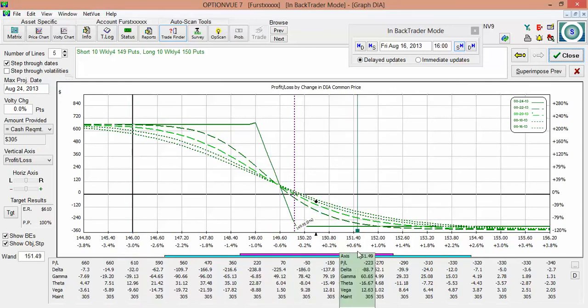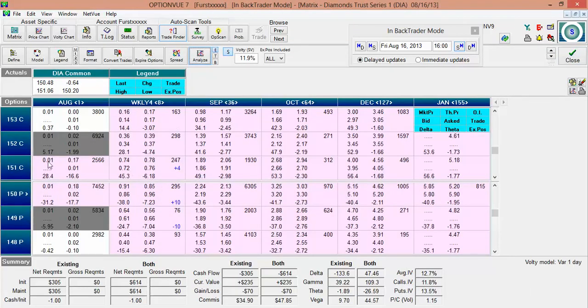Or if we do move up, I'm prepared to buy the 151 calls, which are 45 delta for 74 cents based on Friday's close at 150.48. And so that's the trade.